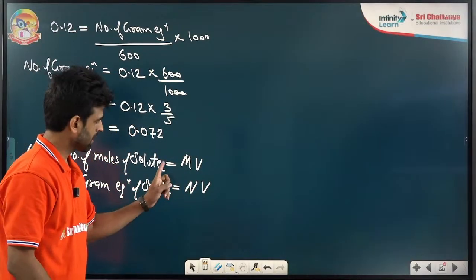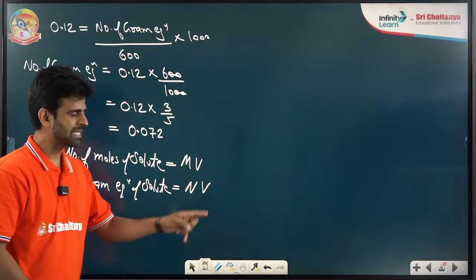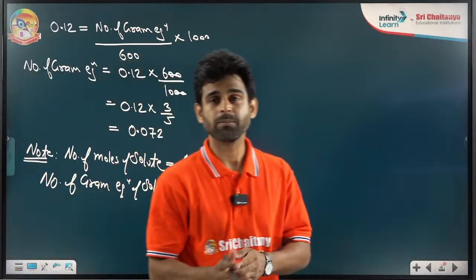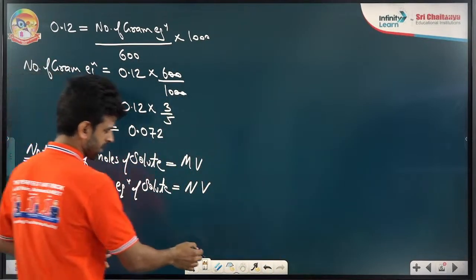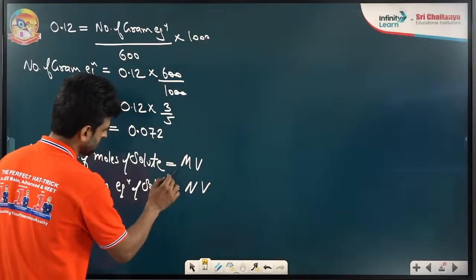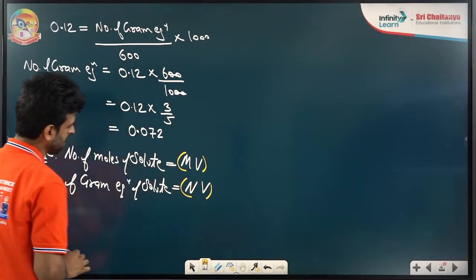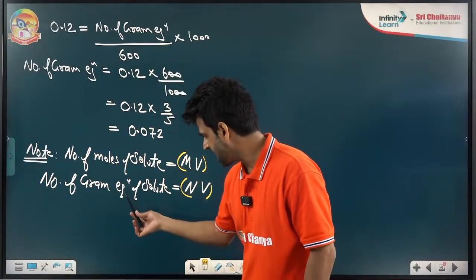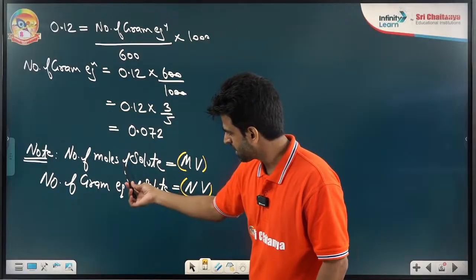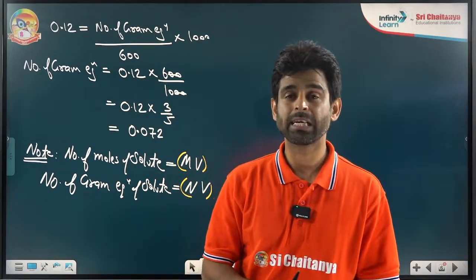Molarity into volume gives you the moles. Normality into volume gives you what? Gram equivalents. So here it is molarity into volume, and here normality into volume. Be careful: here it is gram equivalents, and here it is moles.